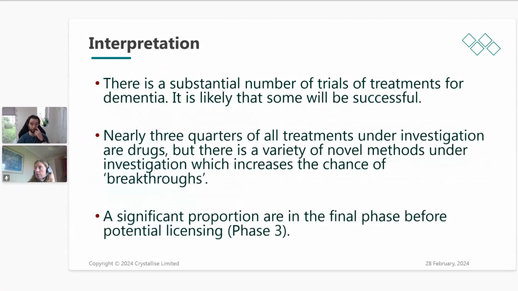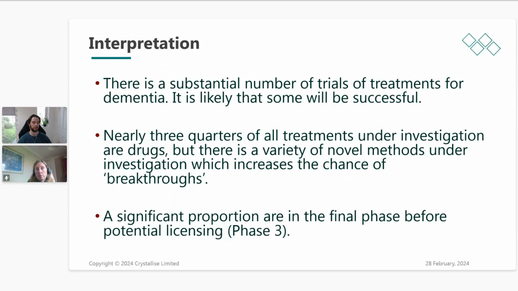So how do we interpret all this information? There is a substantial amount of research going on, and with the number of trials, 210 it was, we'd expect some success there, statistically speaking. So we should expect a flow of interventions over the next few years, and perhaps similar to HIV as well.